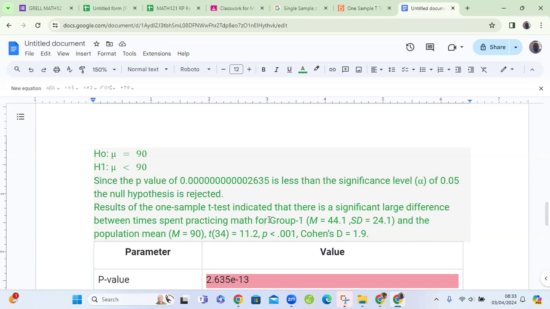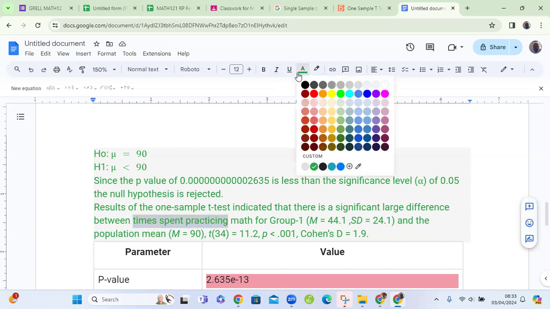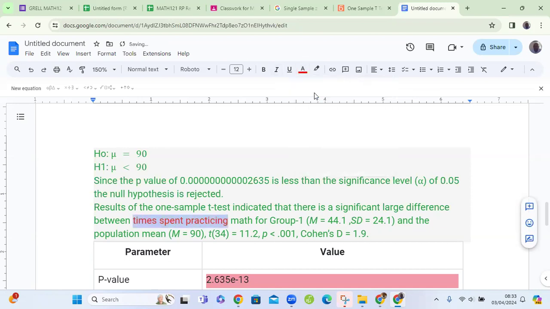So we are comparing the sample and the population, single sample details. So you have to specify the variable that we are dealing with. Single sample t-test using an online calculator.